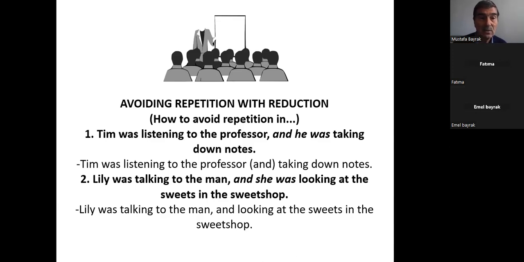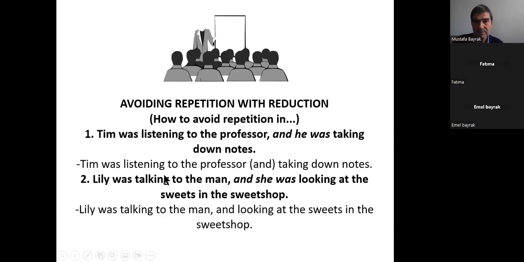For example, "Tim was listening to the professor" is a sentence. Another sentence, "and he was taking down notes." This is 100% true, but this is better because the same person was doing the same action in the second part.